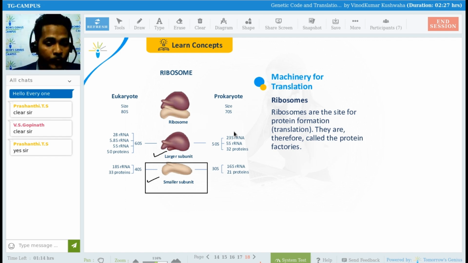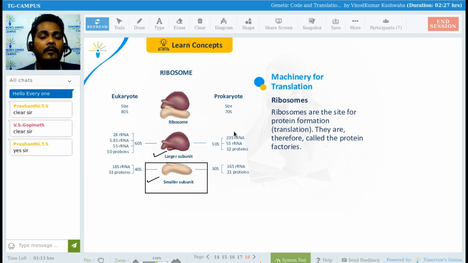Now the two subunits come together only at the time of protein formation. At the initial stage they are all separate. Both are separated at their own place, but at the time of protein formation they come together.